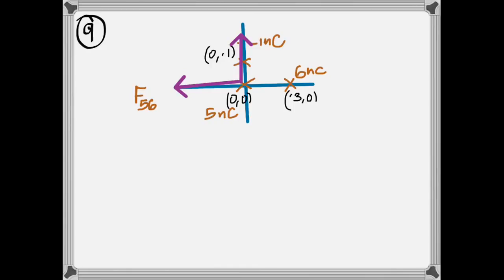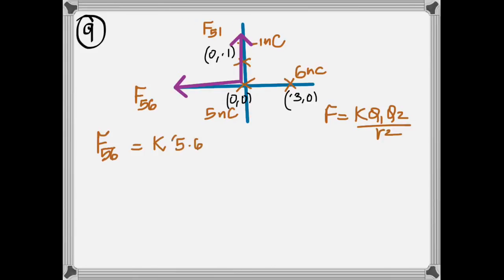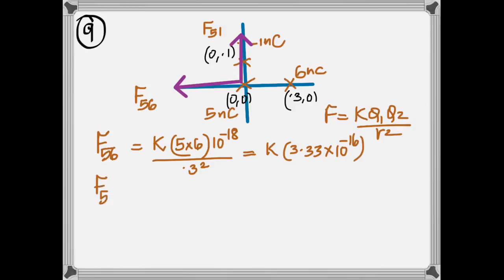So that's the direction of the two forces. Force on 5 due to 6. Well, that's the formula. It's 5 times 6 times 10 to the negative 18, because both are nanocoulombs. Force on 5 due to 1.